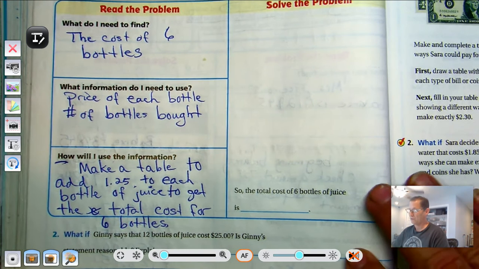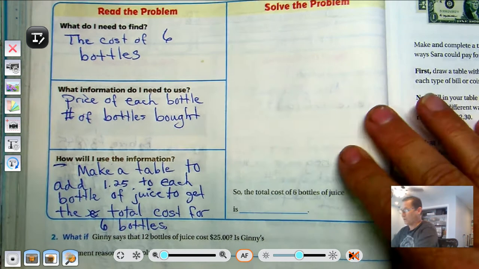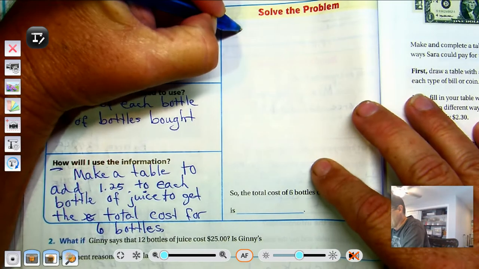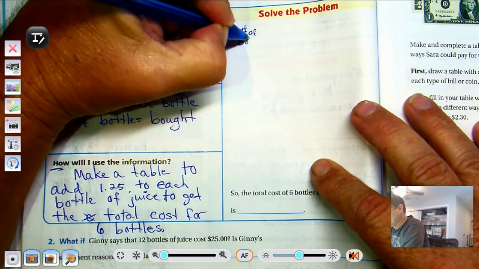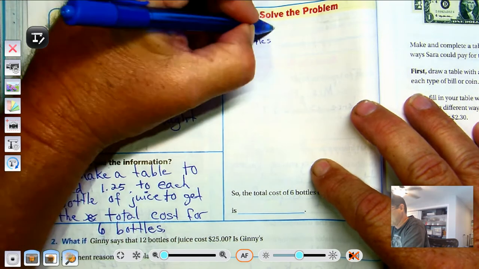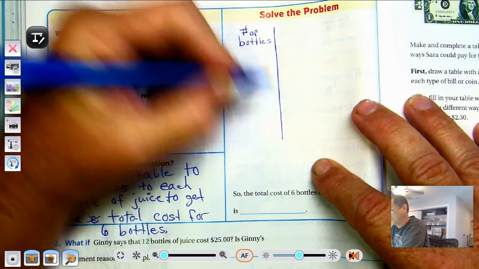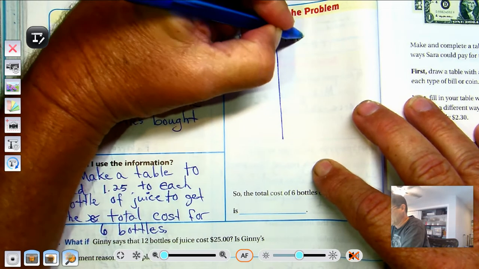So what will the table look like? Well, I would probably say number of bottles, and total cost.